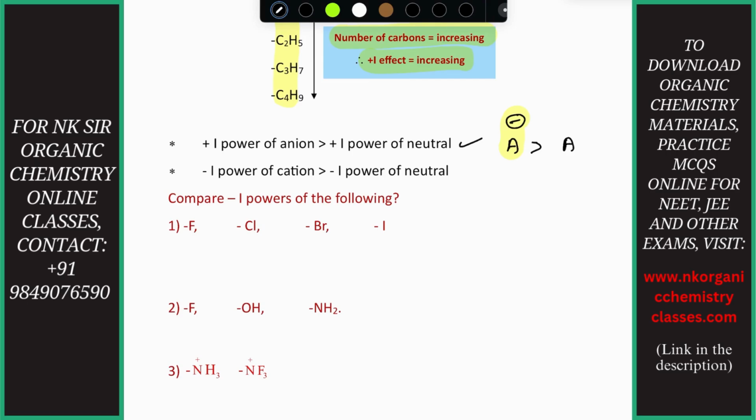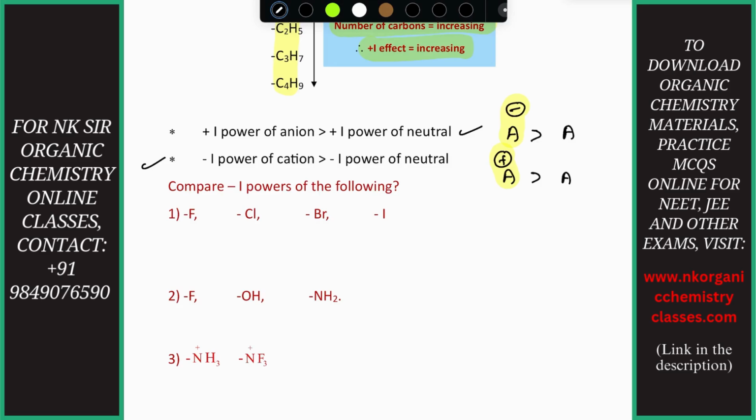Now, similarly, minus I power of cation is greater than neutral. How? Let us take one cation here and one neutral here. Who will withdraw electrons easily? Tell me. Yes, it is the cation. Therefore, cation has more minus I power than neutral. So, these are some important points about the inductive effect.